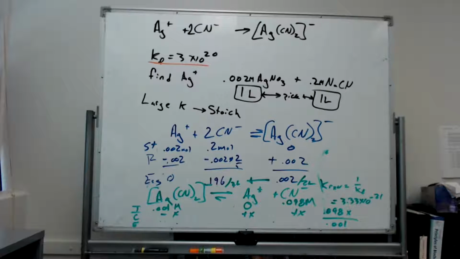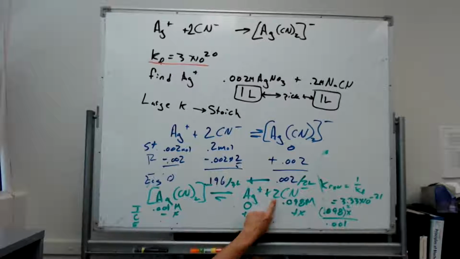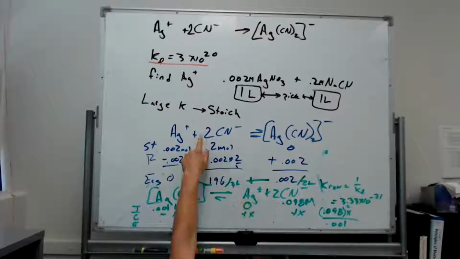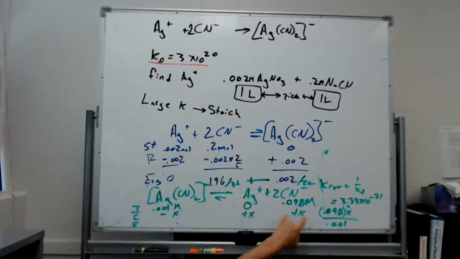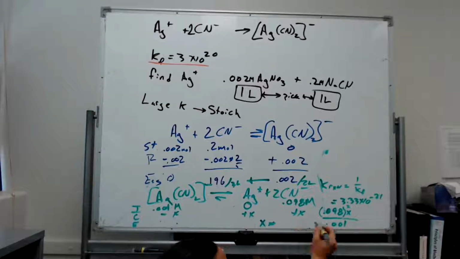The other mistake that was really common, got to square the 0.098 because we have a balanced chemical reaction with that 2 out front. So that means we're going to square our concentration of cyanide. When we solve for x, I can't remember the answer, but you get a really small value.